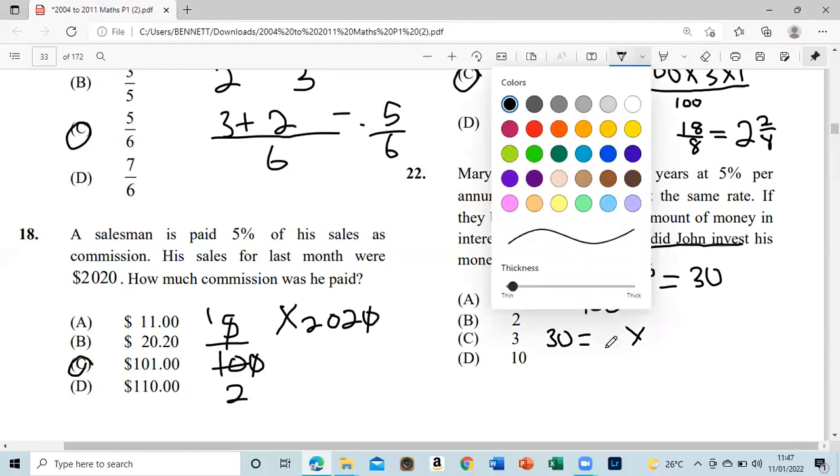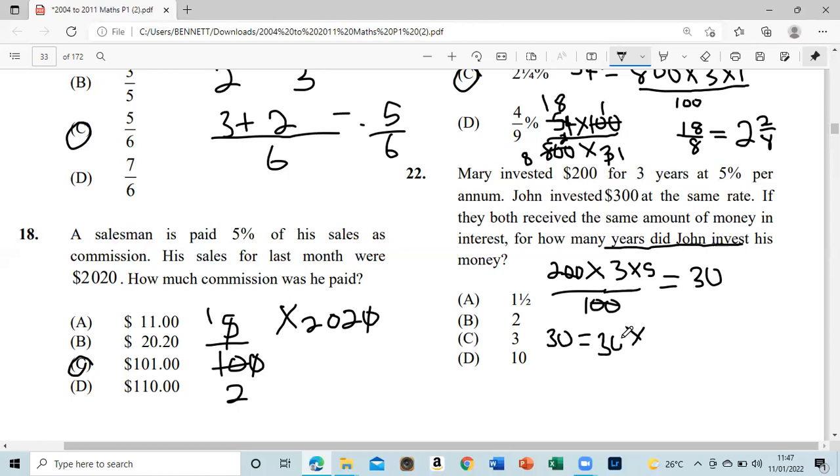So it's 300, at the same rate, which is 5%. So the time is what we are looking for. If we transpose that, we go over the 100, so it's 30 times 100, and then the 300 and the 5 must divide.